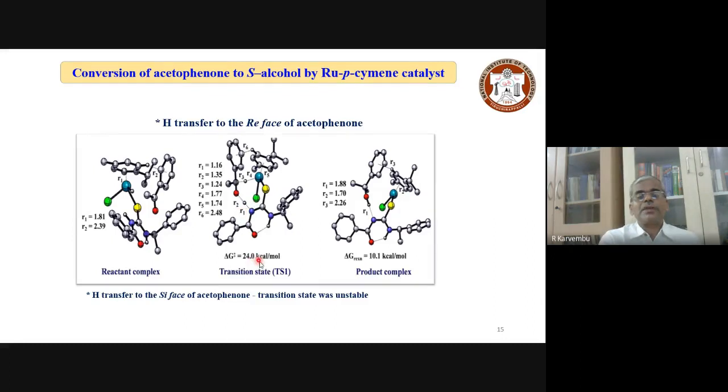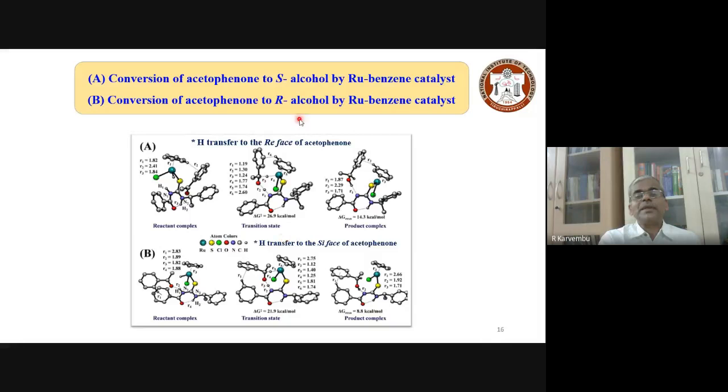This is 24 kilocalorie per mole. You just look at what is happening here, not re-face. Si-face is actually happening. You just see the energy of this transition state. Definitely the energy of this transition state is less. So because of that, the ruthenium benzene catalyst is highly active and catalyzes the reaction at a faster rate compared to ruthenium p-cymene complexes.